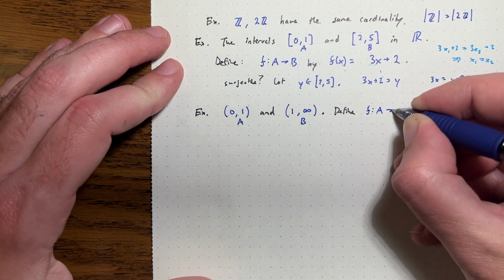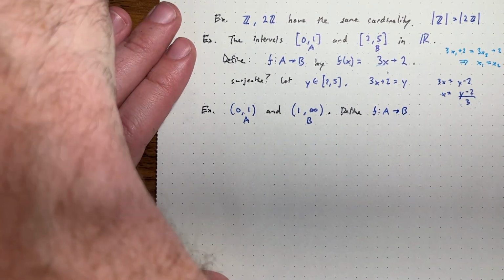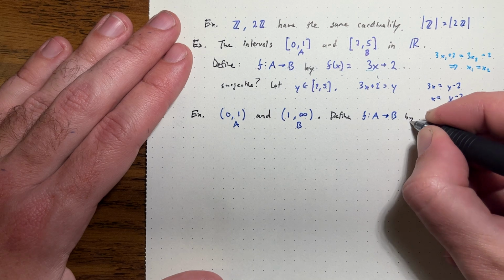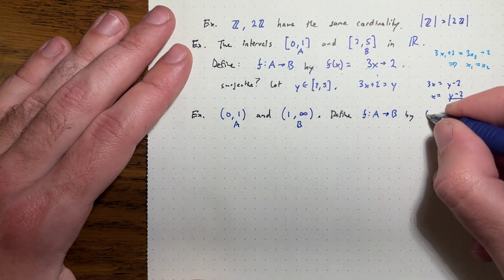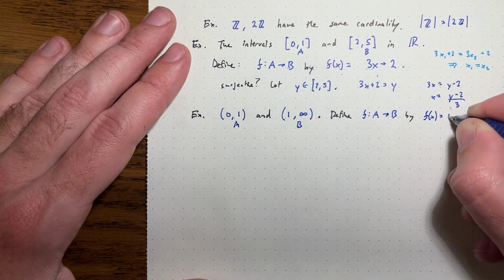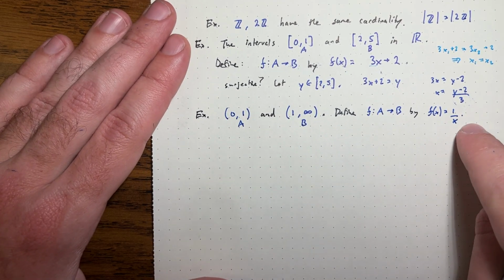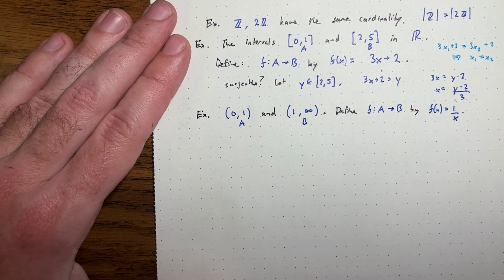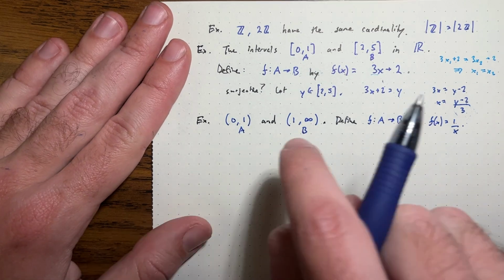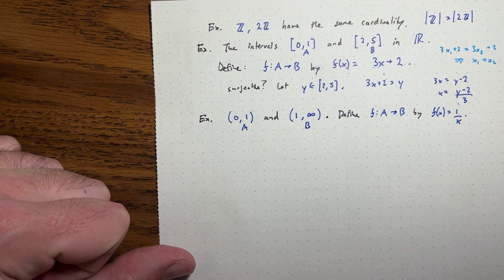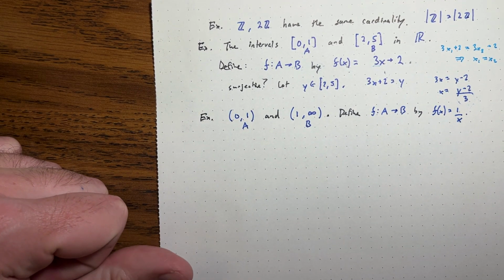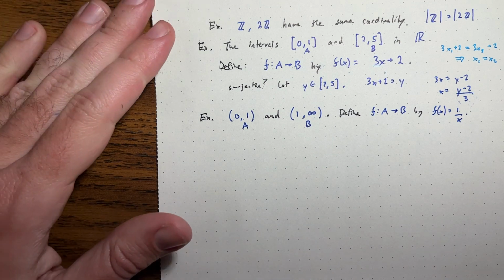So f is going to be the function 1 over x. That works, right? So 1 over x will take a number between 0 and 1, and it'll turn into a number between 1 and infinity. This will be the reciprocal. And yes, you can check that's a bijection. I won't do that.